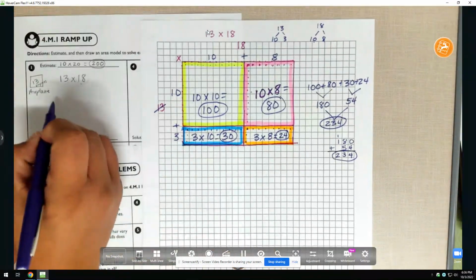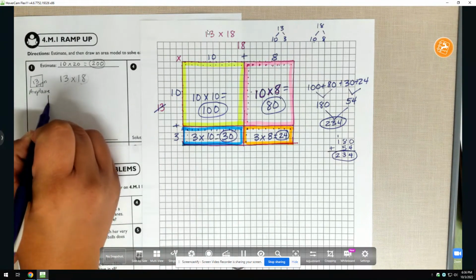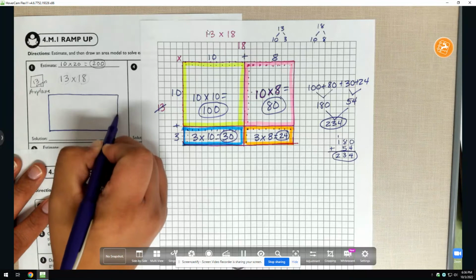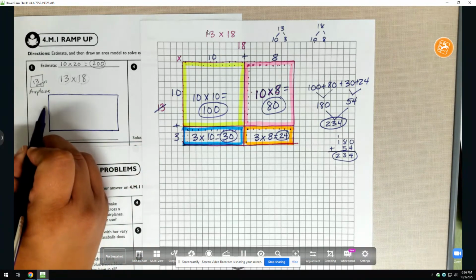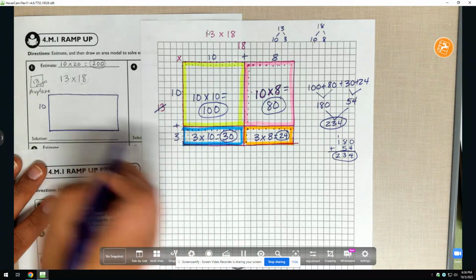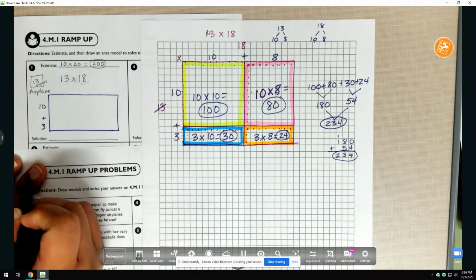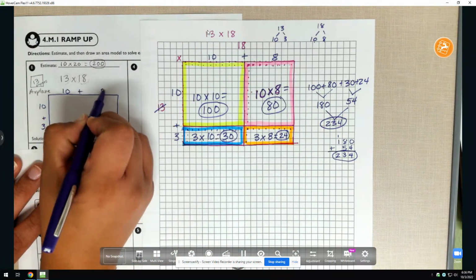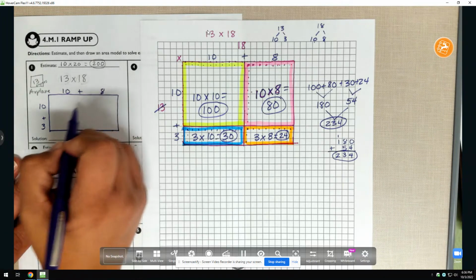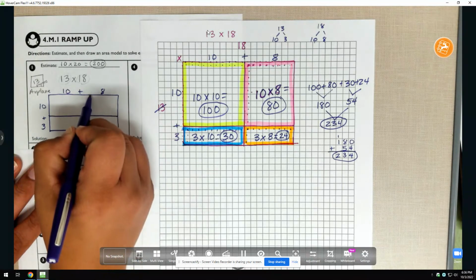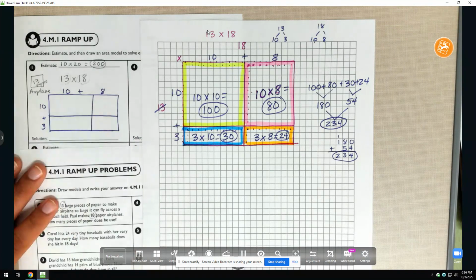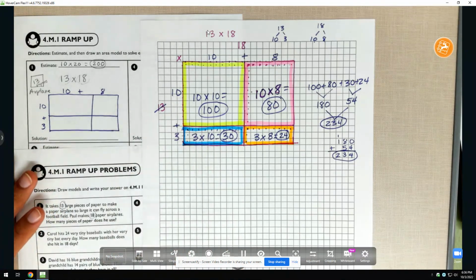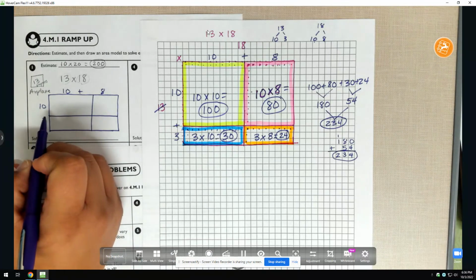First, what I did was I drew my area, and I had 10 plus 3 over here, and then I had 10 plus 8 on top. Okay, and then I divide my area like that. It matches with my grid paper.